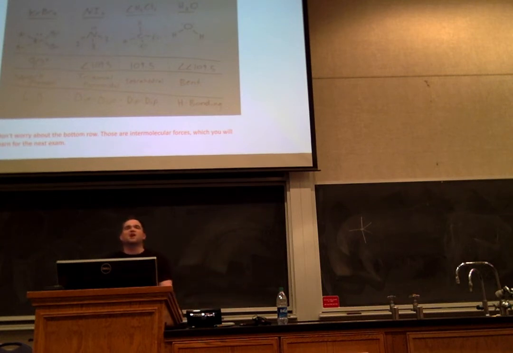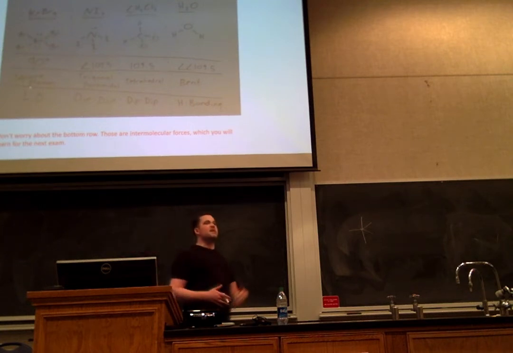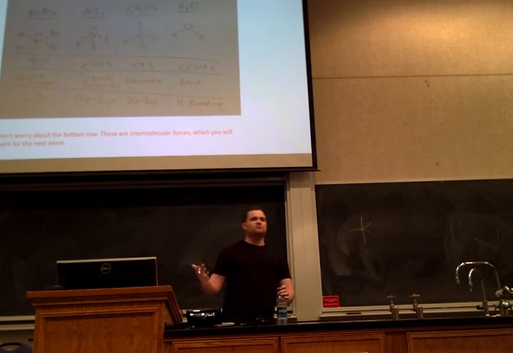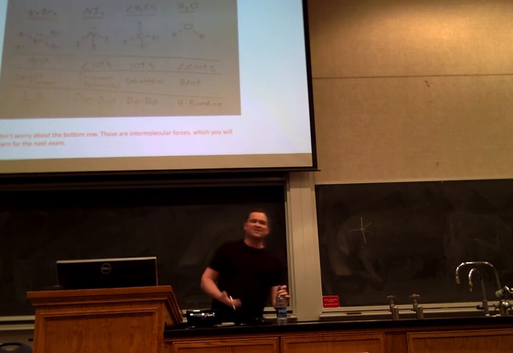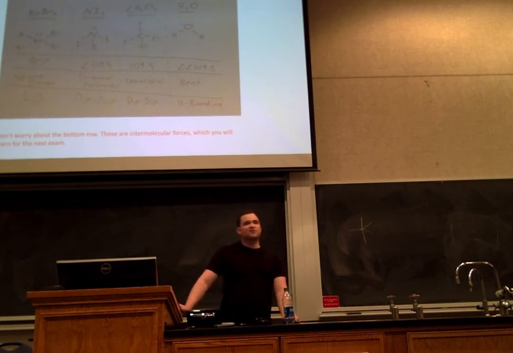Okay, so now let's talk about polarity, okay? Polarity of the molecule. If the molecule is symmetric, what is the correct way to say that? If the molecule is symmetric, it will be non-polar, okay? So is krypton tetrabromide, is that a symmetric molecule?